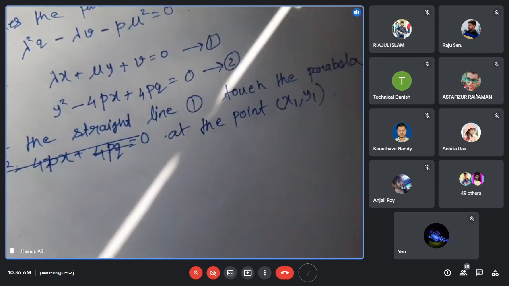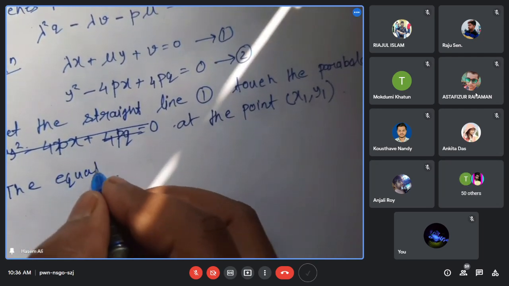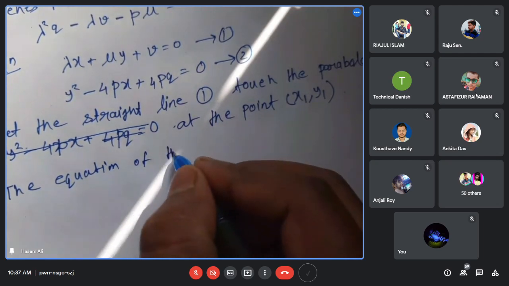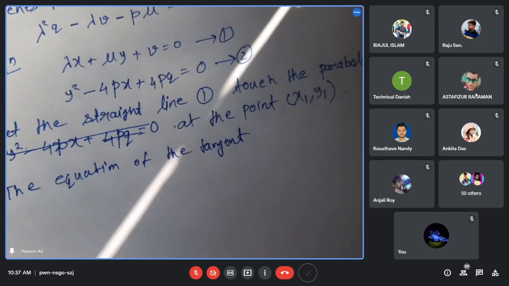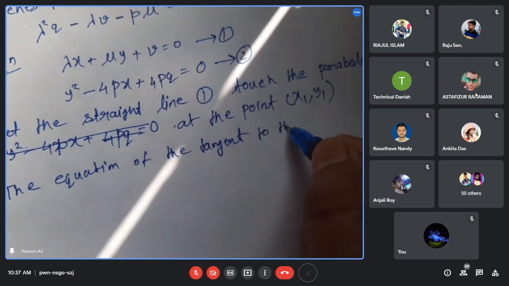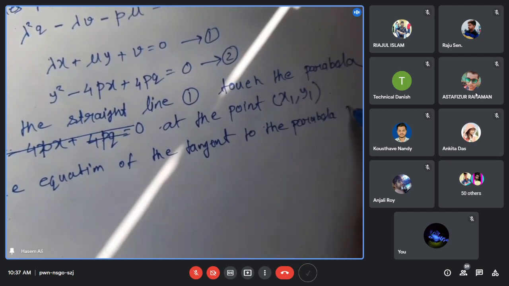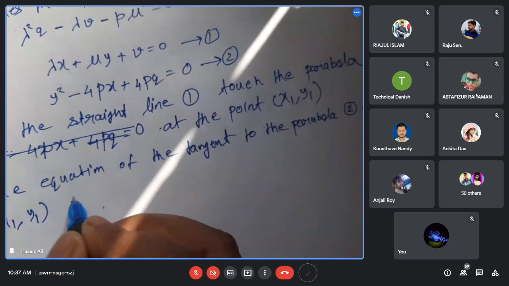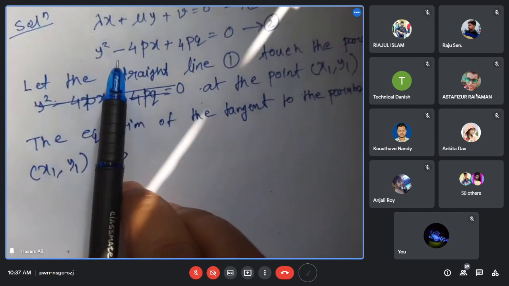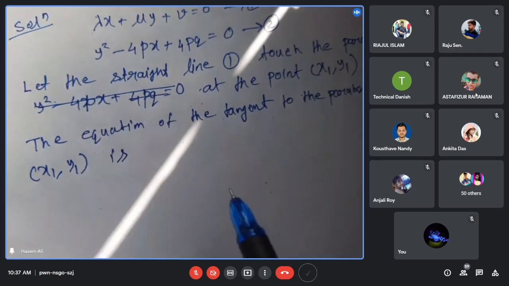Now the equation of the tangent to the parabola 2 at the point x1 y1 is, by the tangential equation of a curve: y square becomes y1 y.